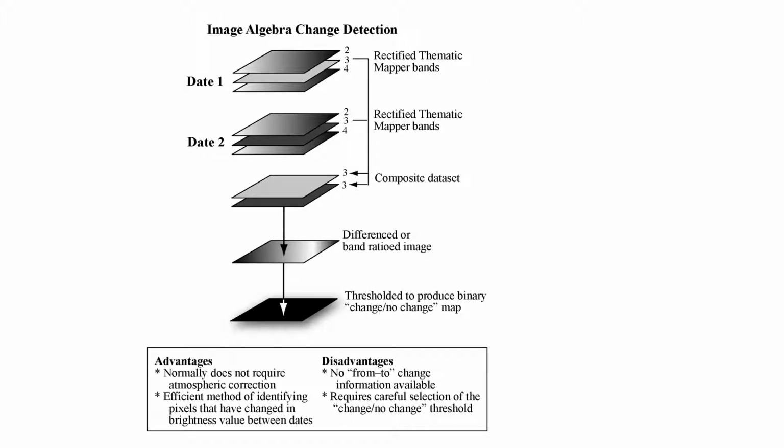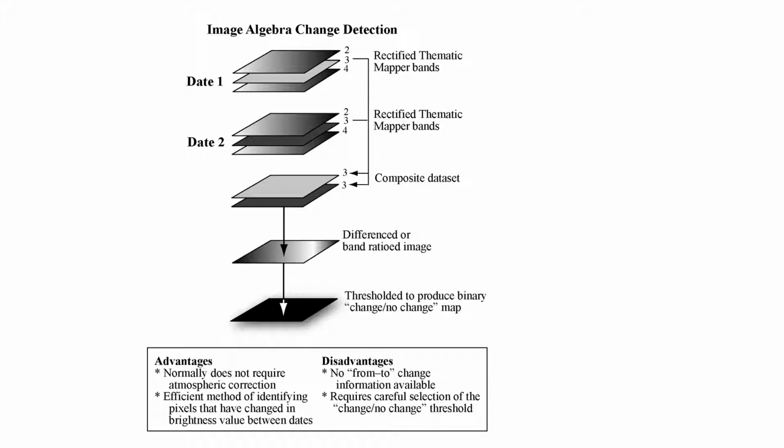So how does image algebra change detection look? Let's start with date 1, 3 bands, date 2, 3 bands. You then generate composite data sets, and that would be, for example, what if we looked at a ratio of band 2 to band 3, and we did that for date 2.